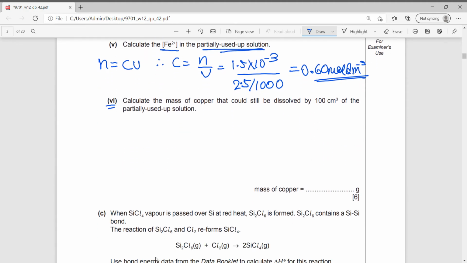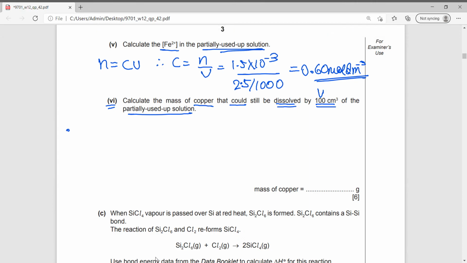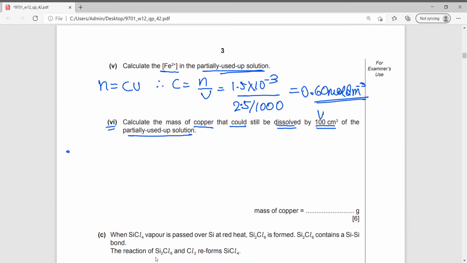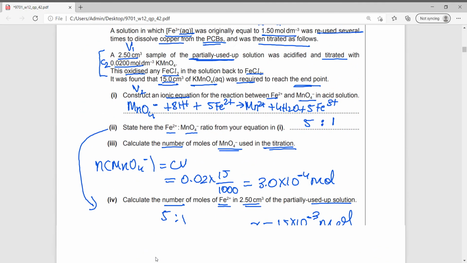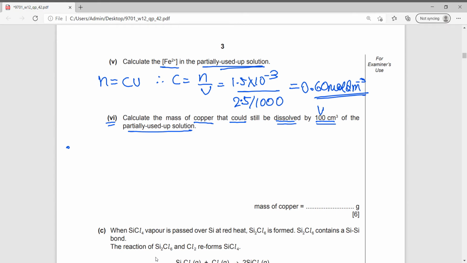Now this part is the trickier part. So it asks you to calculate the mass of copper that could still be dissolved by 100 cm3 of the partially used up solution. Now, what it means to say is this. In the previous scenario, what you find out is that 0.6 mol per dm3 of iron 2+ was oxidized by MnO4-, right?